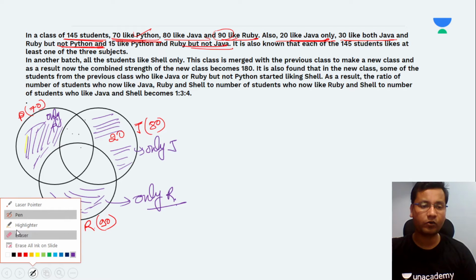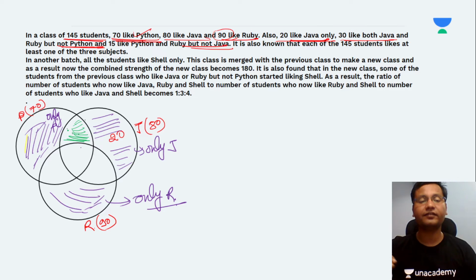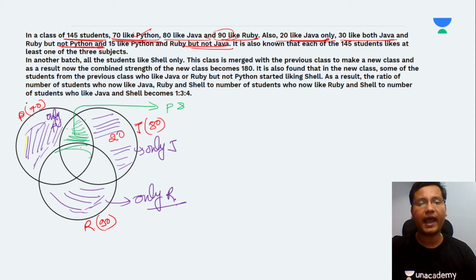Now what are these overlaps? Let's talk about the overlaps as well. This first overlap, this part: if you see carefully, this area does not include the Ruby circle. That means this is Python and Java but not Ruby.